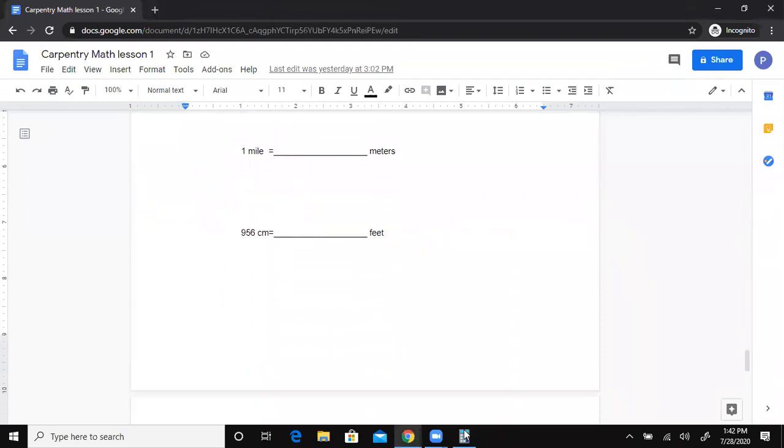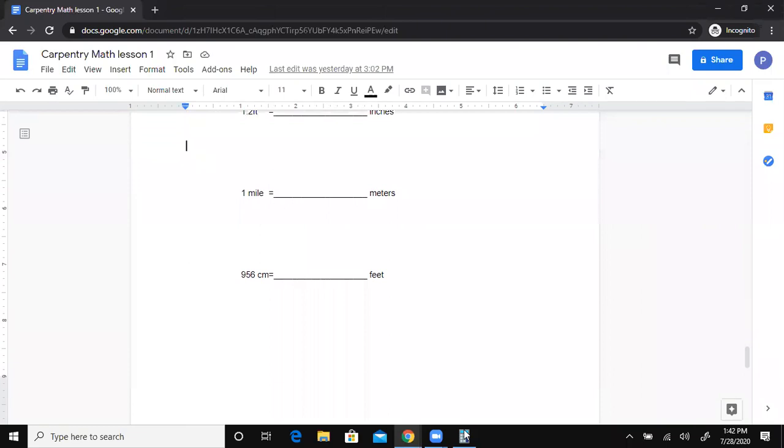Now let's actually skip the second one and do those last two. So 1 mile, to meters. Here we need to do more than one step. We don't have a direct conversion from miles to meters, but we start the same way. 1 over 1. We can multiply this by 1 and it will remain the same value.